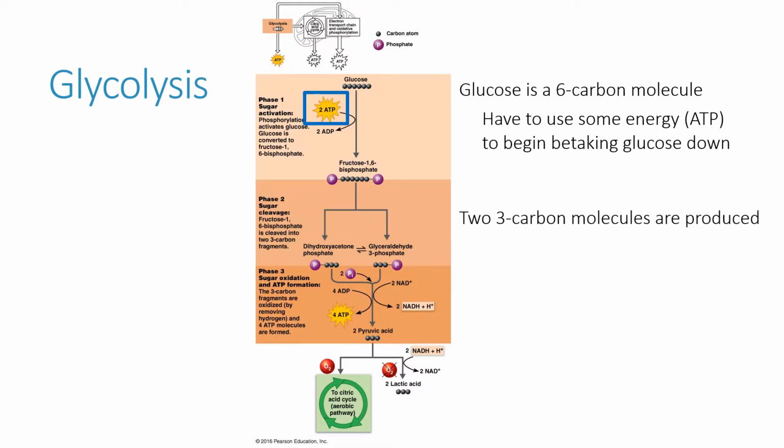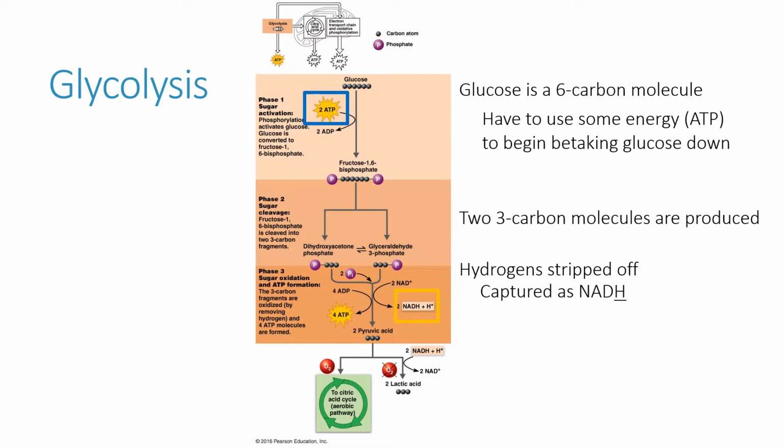As we do so, we wind up producing some smaller molecules. Instead of the 6-carbon glucose, we wind up breaking it in half to 2 3-carbon molecules. As we do this, we start to strip off some of those hydrogens that we said were so important because they're carrying high energy electrons.